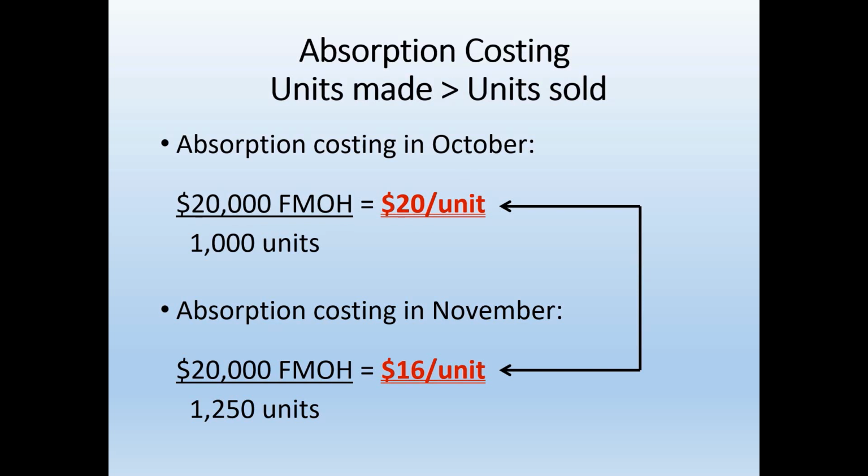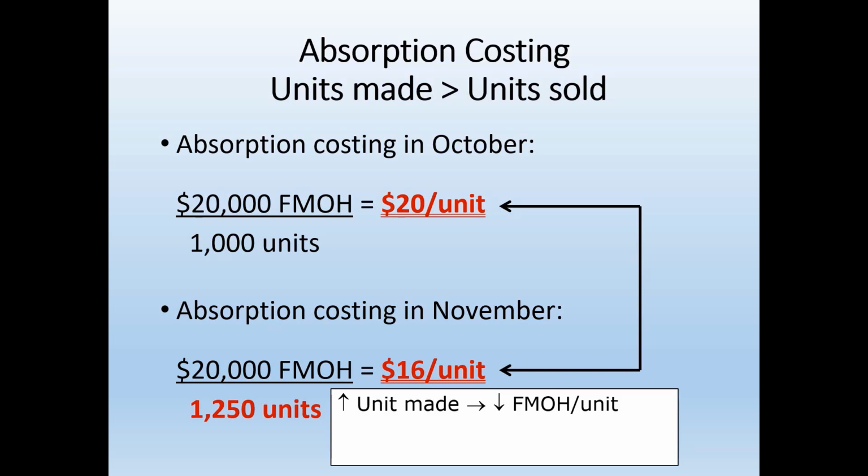So the total fixed cost didn't change, but it was spread out over more units. So each unit had to carry a smaller load. In other words, as the number of units increases, the fixed manufacturing overhead carried by each unit decreases.